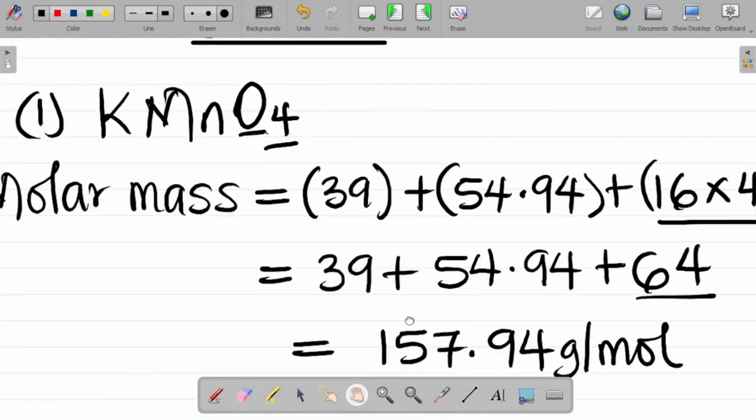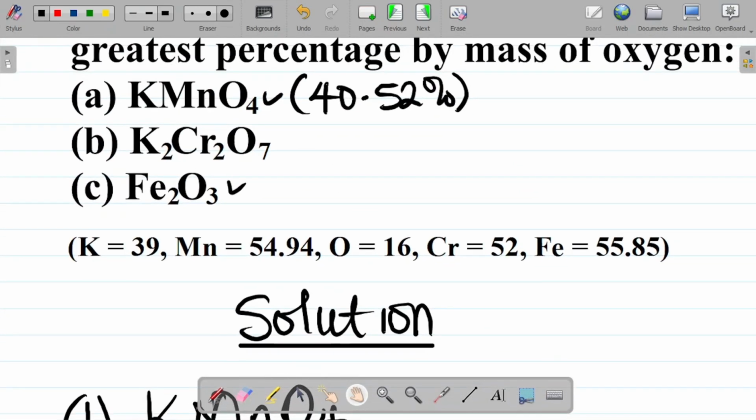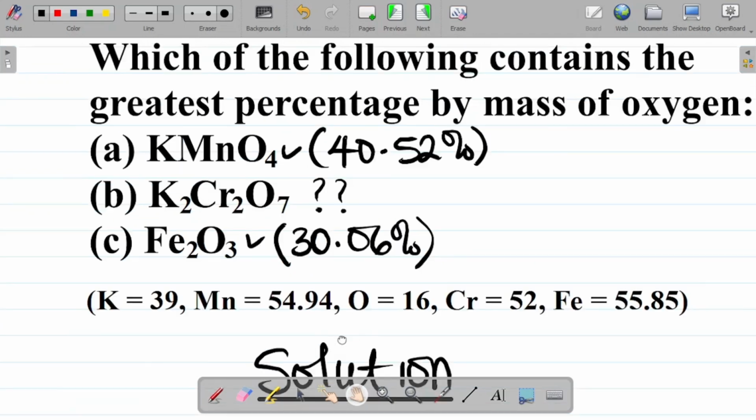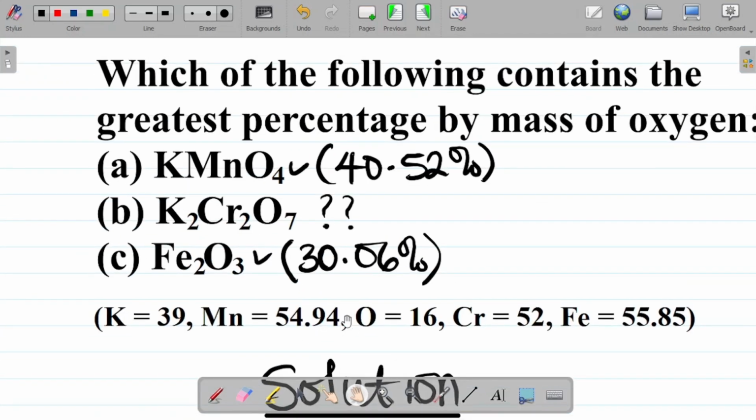For the third one here, oxygen occupies 30.06%. So we are left with getting the second one, which is B, and I'll leave this to you. You would solve this and leave your answer in the comment section.